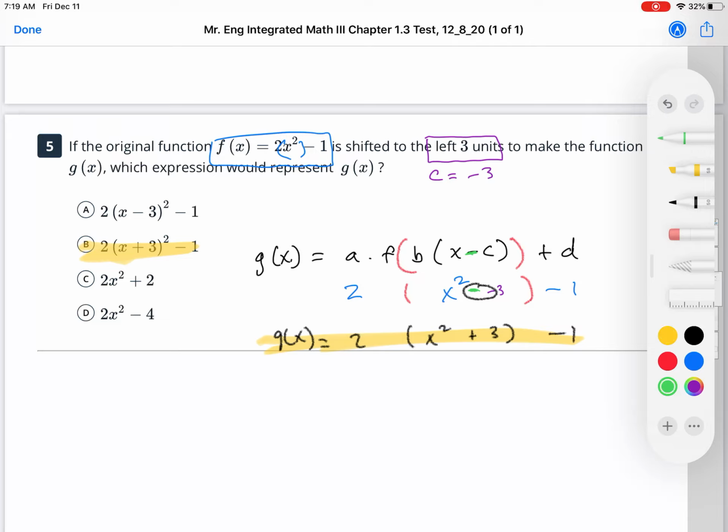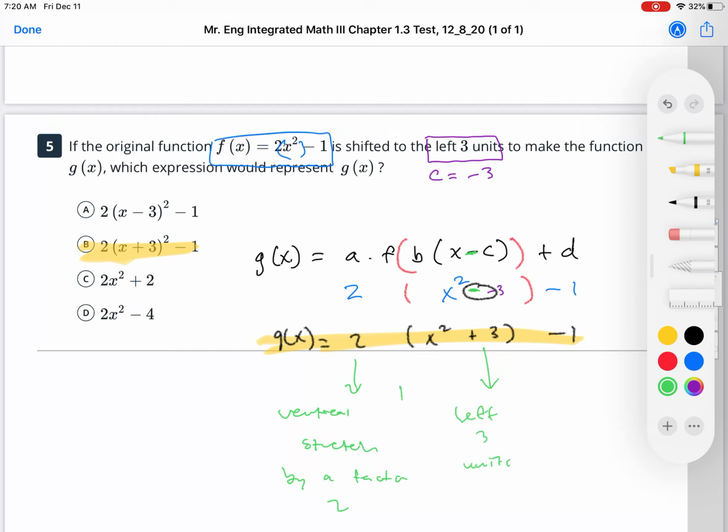So just as a quick review, this would be a vertical stretch by a factor of 2. You don't need to write this, but I'm just reviewing with you. Remember, this is the add to x, go west, so this is left 3 units.